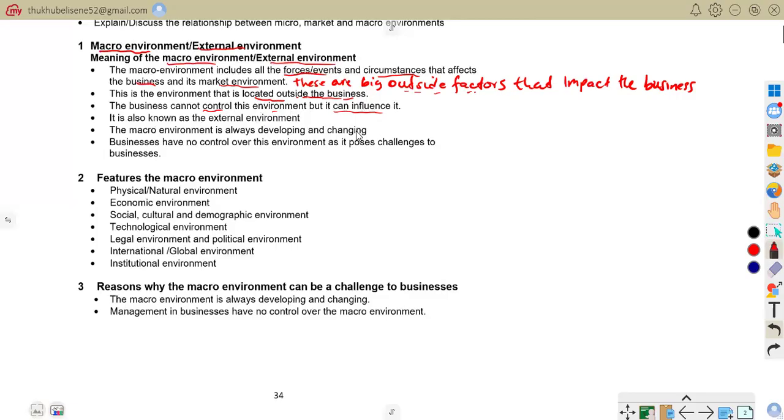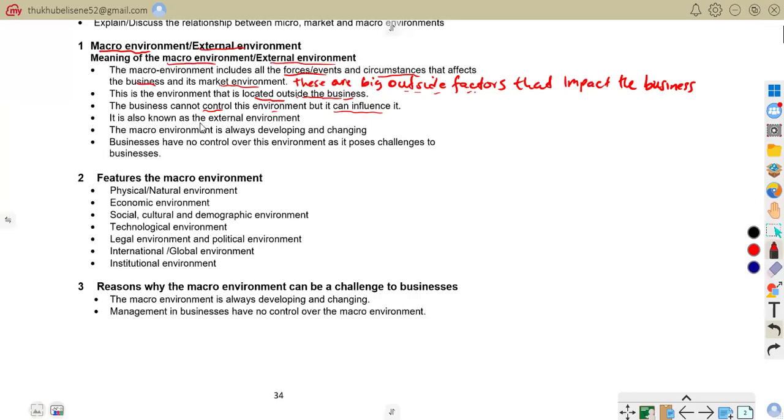For example, the business cannot change inflation, but can adjust its prices. Hope we are still on one page.